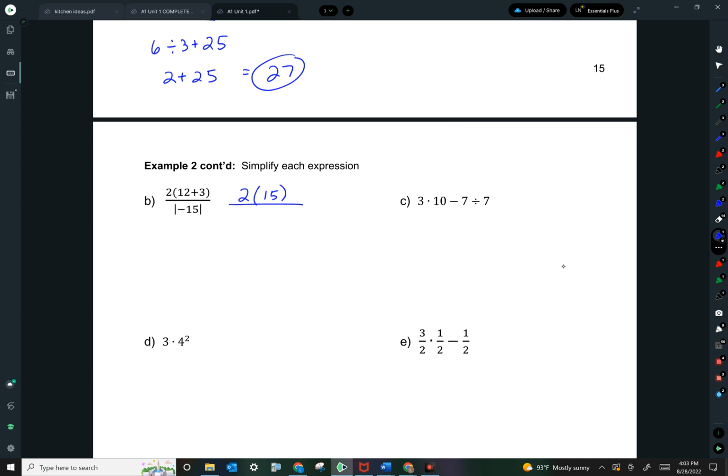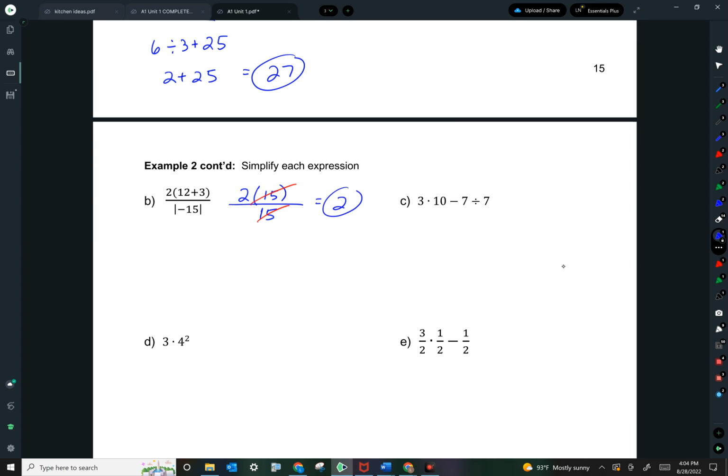So I'm going to go ahead and evaluate that. The absolute value of negative 15 is positive 15. Remember, absolute value means to make it positive. And in this case, I could go ahead and multiply the 2 times 15. But we know that whenever you have a fraction, if you have the same number on top and bottom, it's okay to just cancel. So this is just going to come out to be 2.